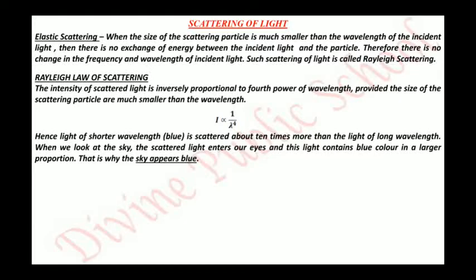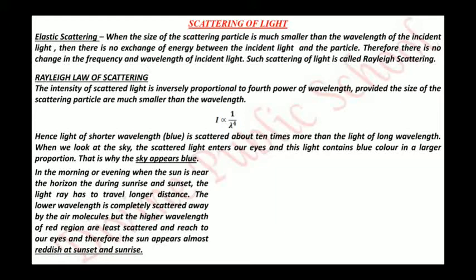One more example of the law of scattering is when the sun appears reddish during sunset and sunrise. Why is it so? Actually, in the morning or evening, when the sun is near the horizon, the light has to travel a longer distance. Let us understand by a diagram also.